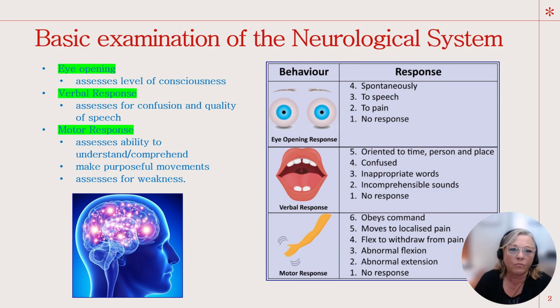So motor response, we're assessing the ability to understand and comprehend, because we're going to be giving the patient some commands to see if they can follow those commands and follow through correctly. It's also about making purposeful movements, not involuntary movements. That's another test. And then we're also assessing for weakness. So there's 3 things with the motor response.